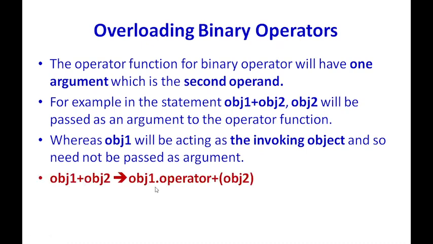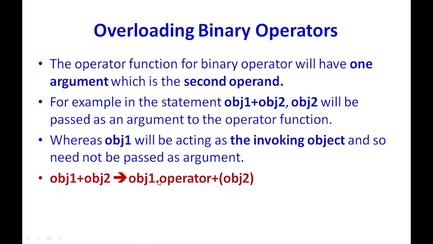Now let us try to go into the examples. I want to get this done. That is, when I say obj1 plus obj2, this will result in a function call, where obj1 will be treated as the invoking object and obj2 will be treated as the argument. This is not said by us.